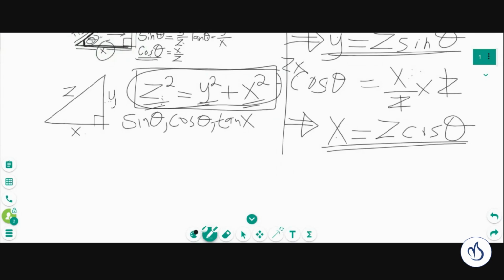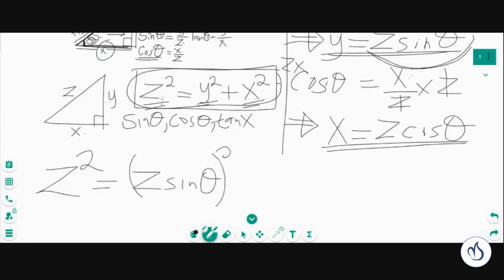Pythagoras theorem: Z squared is equal to Y squared. Now Y squared, I am replacing with this. Since Y is Z sine theta, I would call this Z sine theta squared.